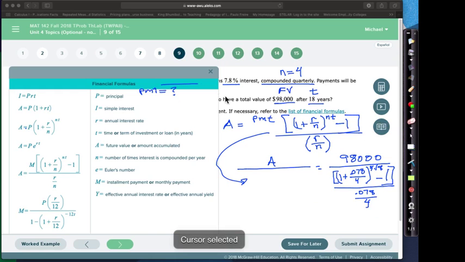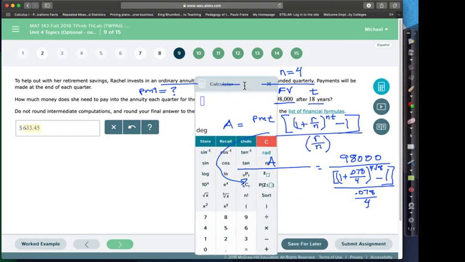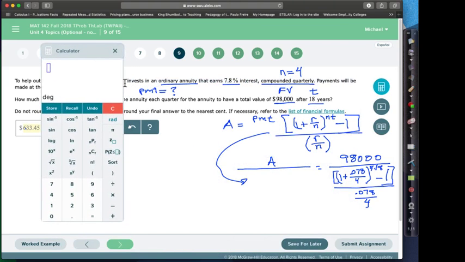And the nice thing with the Alex calculator is it will look like that when we're done. As we go through this, hopefully it's going to look like a mess, but so we're going to have our 98,000. 1, 2, 3. And I'm doing this live. I haven't worked these problems beforehand. Hopefully that's not too obvious, but I'm going to need one parentheses and another parentheses. 1 plus 0.078 divided by 4.